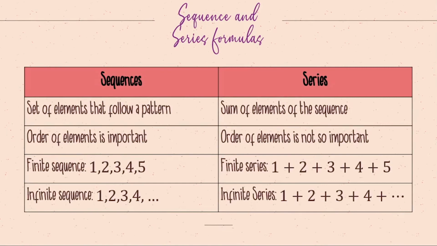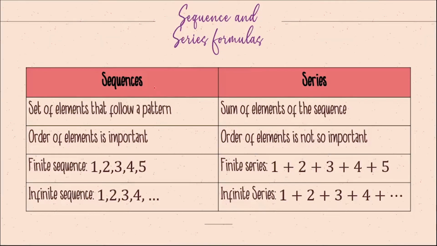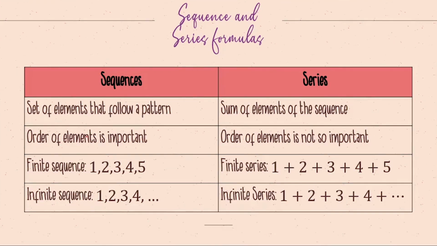Now let us find out how a sequence can be differentiated from a series. First, a sequence is a set of elements that follow a pattern, but a series is a sum of elements of the sequence. Second, in a sequence, order of elements is important, but in a series, order of elements is not so important.